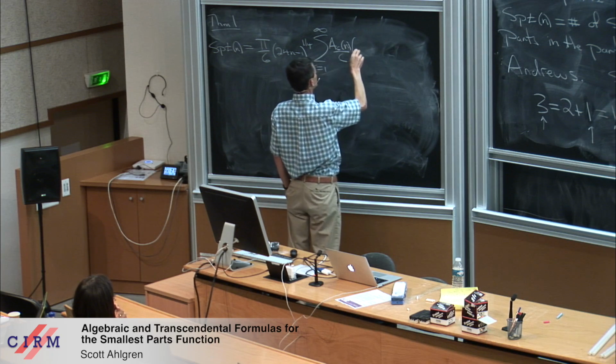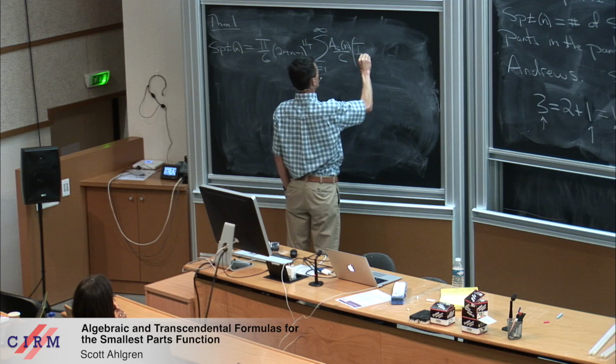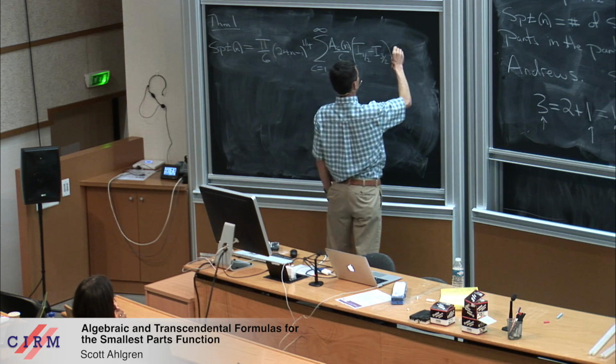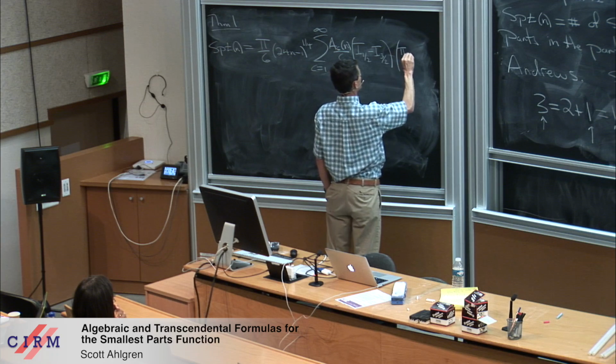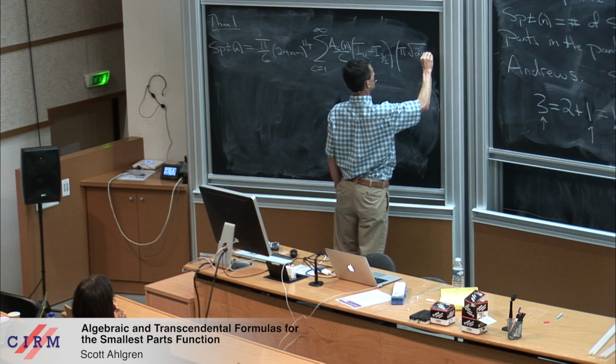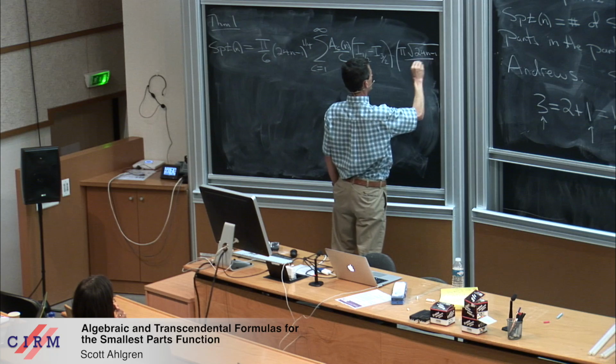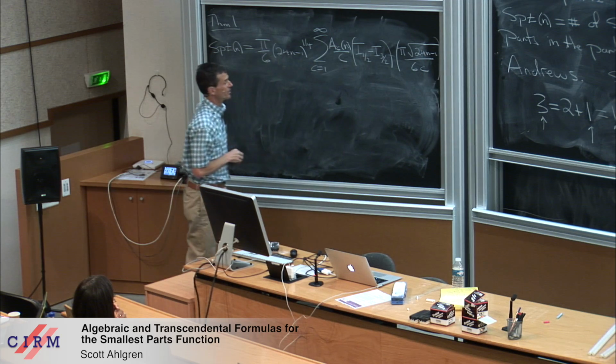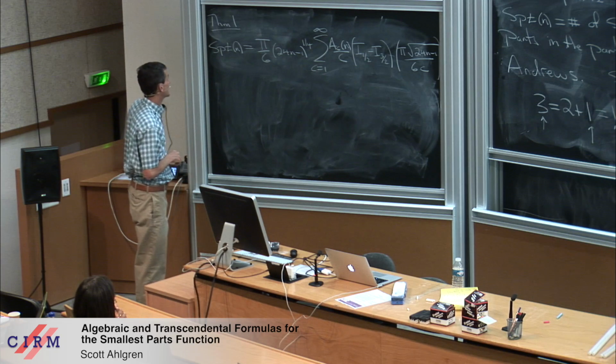And now I get a difference of I Bessel functions, I_{1/2} minus I_{3/2}, evaluated at the same thing, which is pi times the square root of 24n minus 1, divided by 6c. So this looks quite a bit like Rademacher's formula.